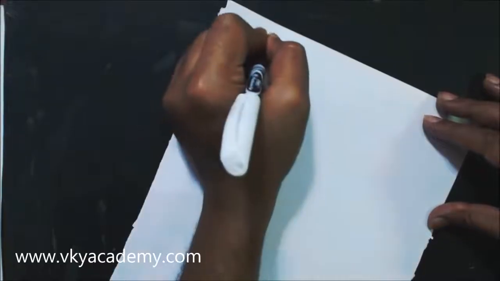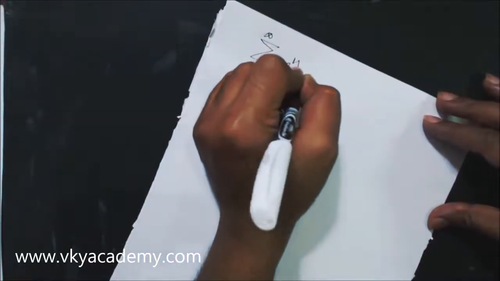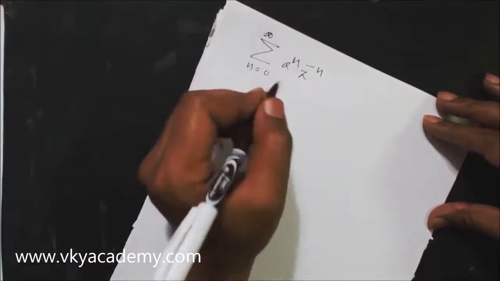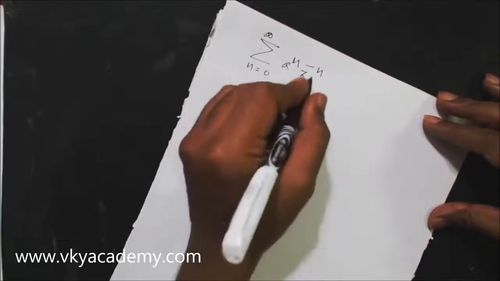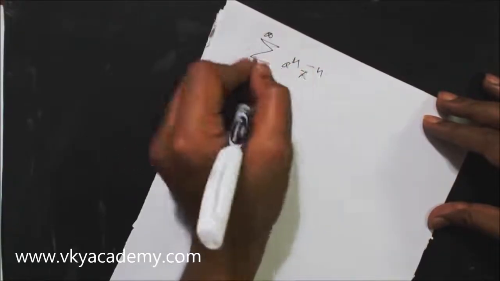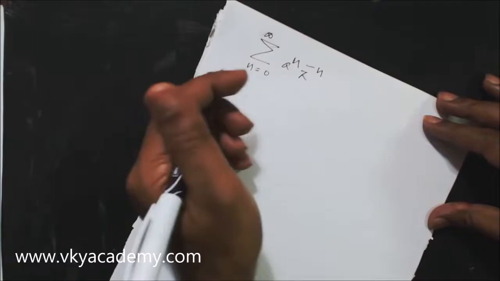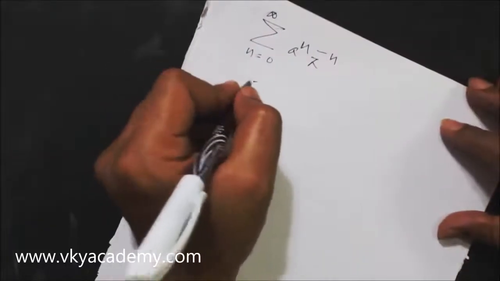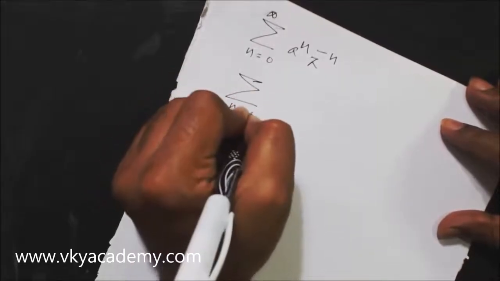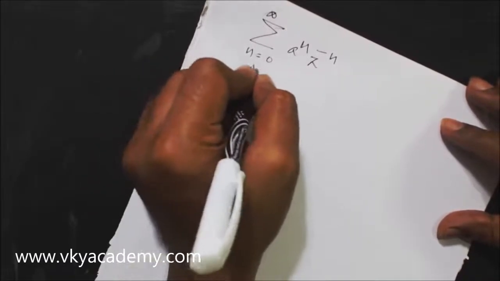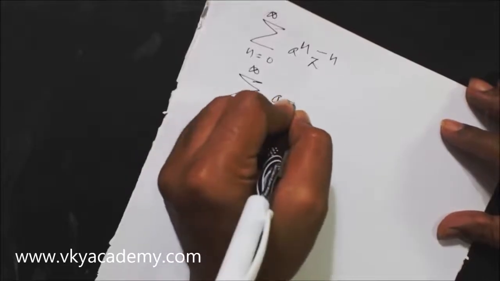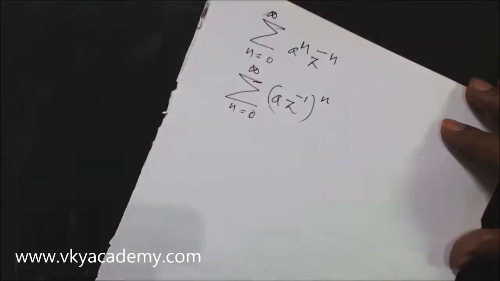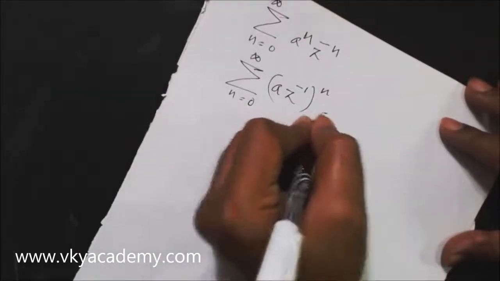Now a GP series always has a positive power, so we need to bring this function in the form of something to the power n. So what we will do, we can write this function as summation n equal to 0 to infinite a z inverse whole to the power n. And now we can apply the formula for GP series.